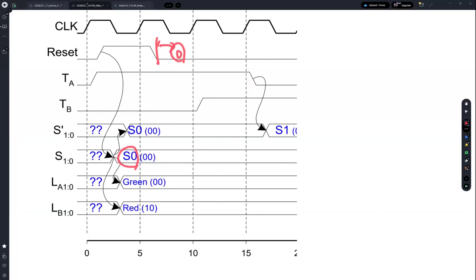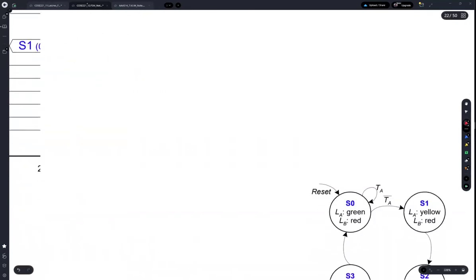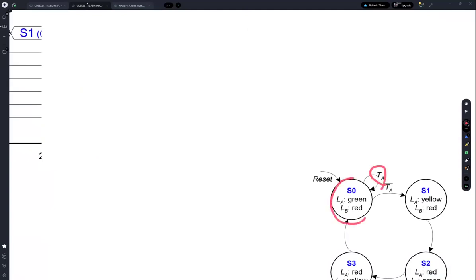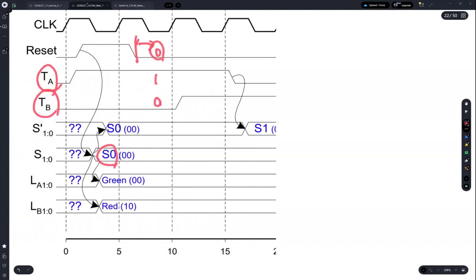Then we can check the input signal. Input signal TA is 1 and TB is 0. Then TA is 1, so the next state is S0. And then TA becomes 0 at this point, right?